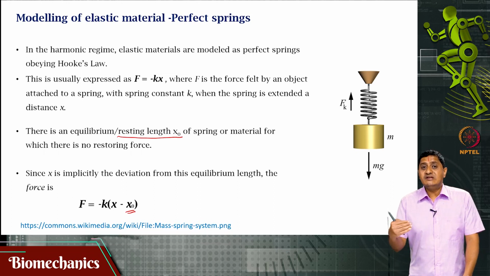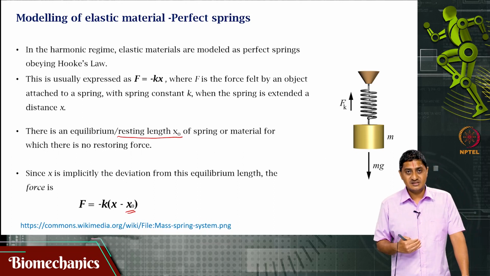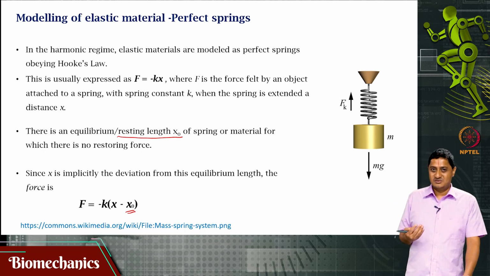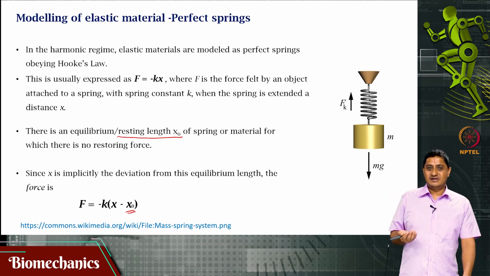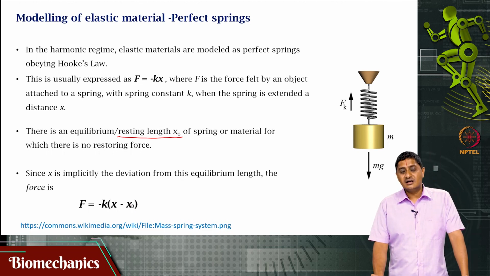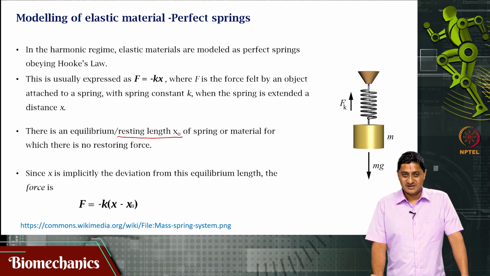The more you deviate from this resting length, the more will be the force developed by this spring. But more means how? It will be linearly dependent. For linear springs, the relating coefficient will be a constant and will not have x in it. So, something to keep in mind.